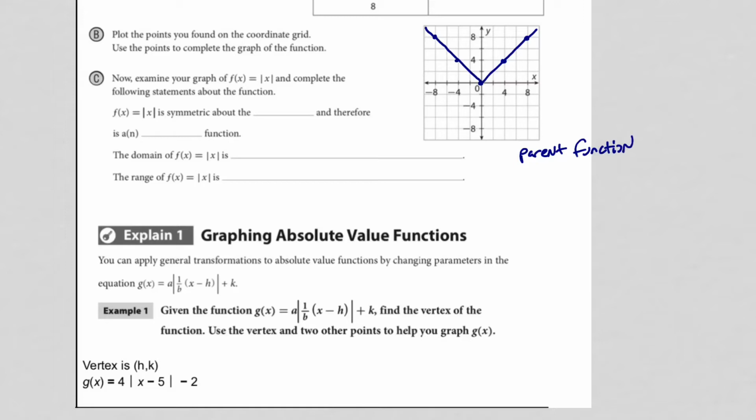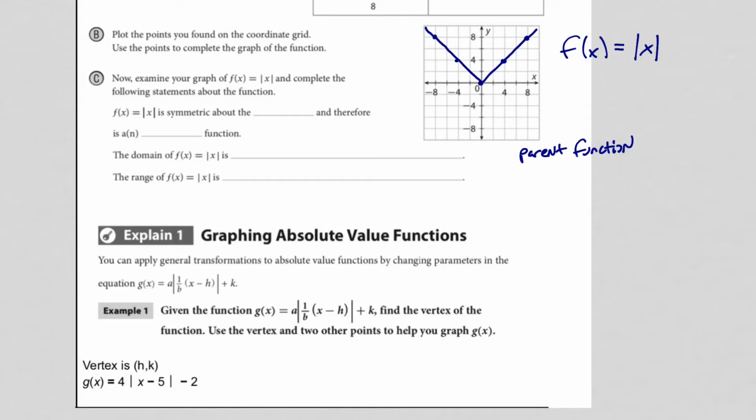If you've ever seen in my room a poster called The Math Dance, it's up by the phone. That is essentially the shape of a number of parent functions. And like most parents, there are offspring functions, if you will. The parent function for absolute value is simply f of x equals the absolute value of x. Every other graph is an offspring of this parent function.